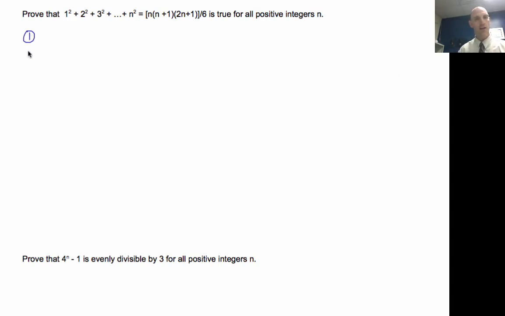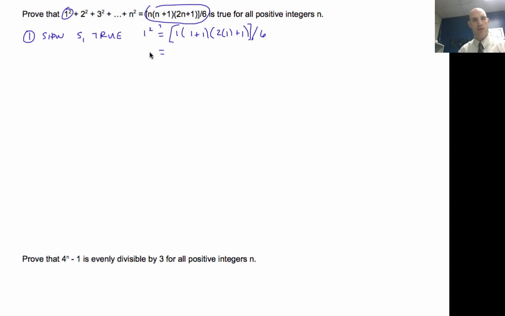So, number 1, this is a process. Mathematical induction is just a process. All you have to do is start at the beginning. Show S sub 1 is true. So what I'm saying is 1 squared is equal to, putting n equals 1, 1 times 1 plus 1 times 2 times 1 plus 1 divided by 6.